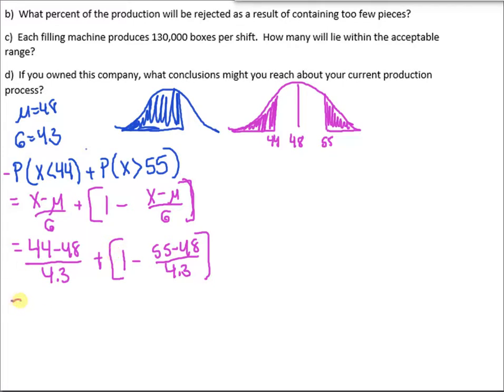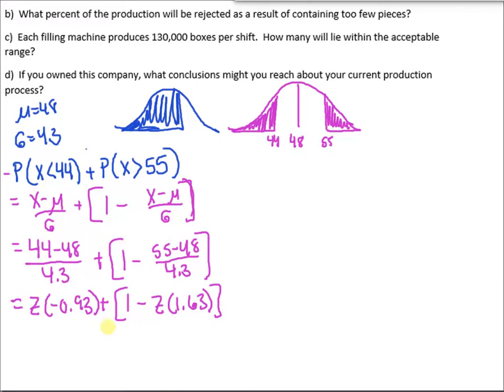The first z-score is negative 0.93, and the second is 55 minus 48 divided by 4.3, which is 1.63.